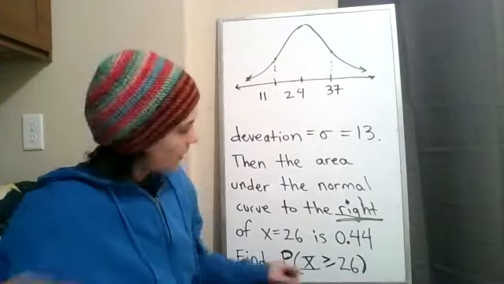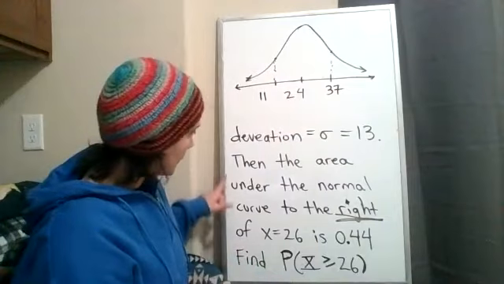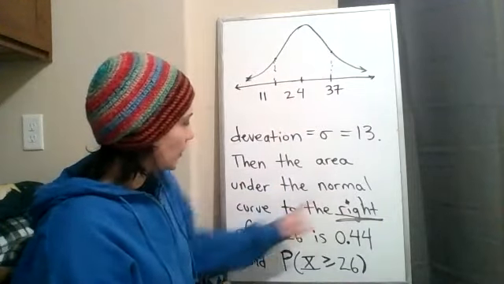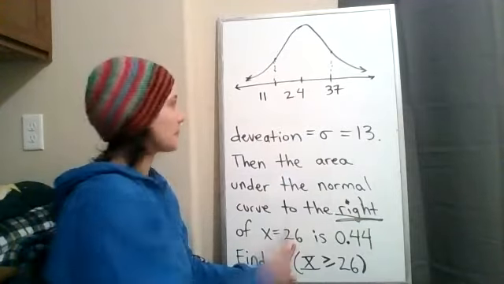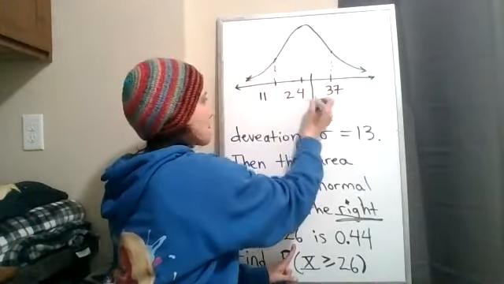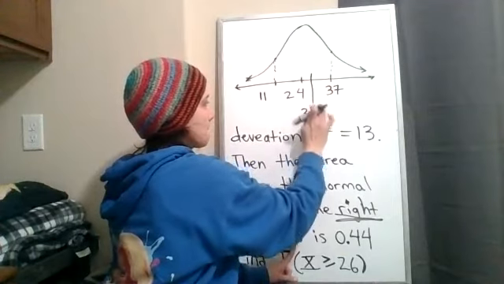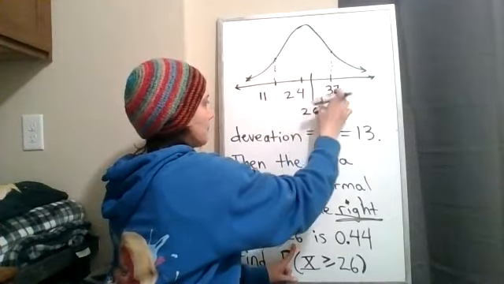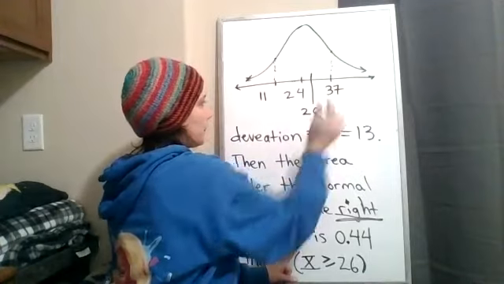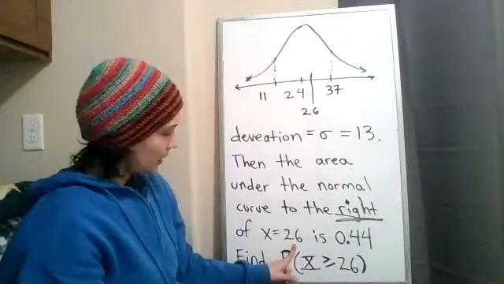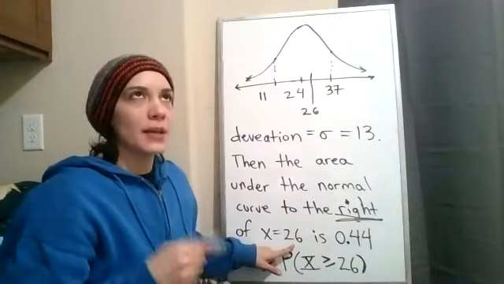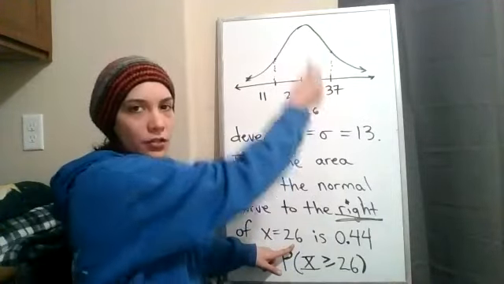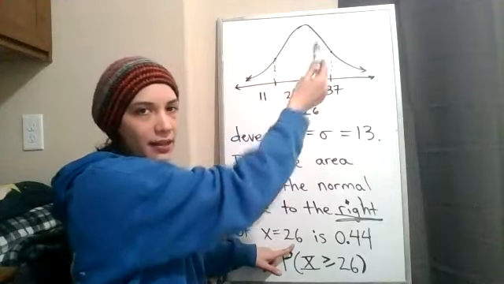We have the area under the normal curve to the right of 26. So let's mark 26. We'll talk about this after the problem, but you can draw a straight line up to the curve or a dotted line, doesn't matter.